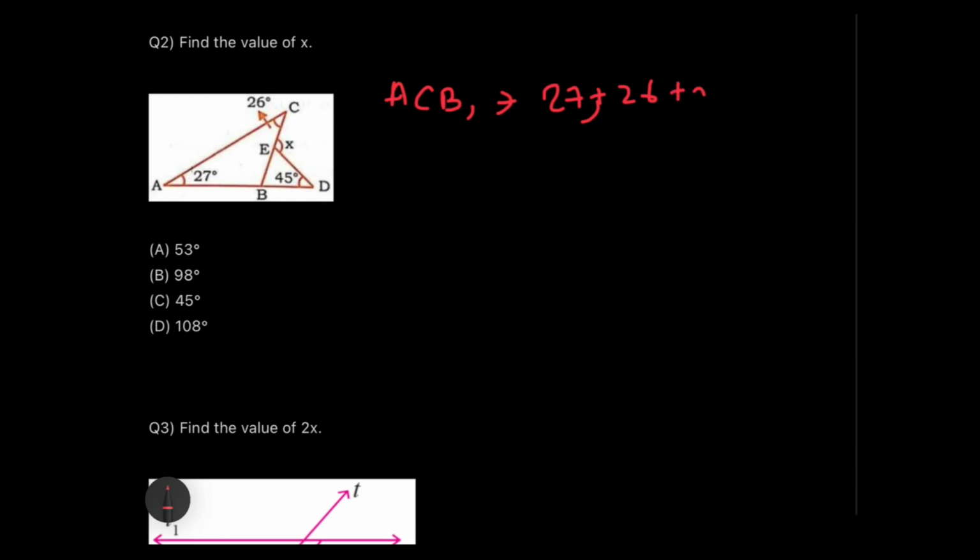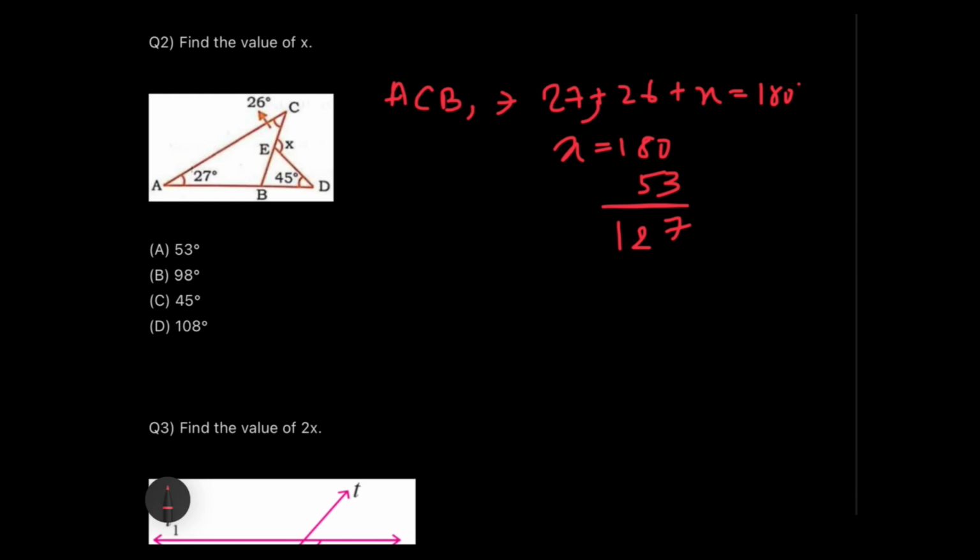I know that 27 plus 26 plus x will give me 180 degrees. Can I find that out quickly? Of course. 27's double is 54, and 54 minus 1 is 53. So x is equal to 180 minus 53, which gives me 127 degrees.